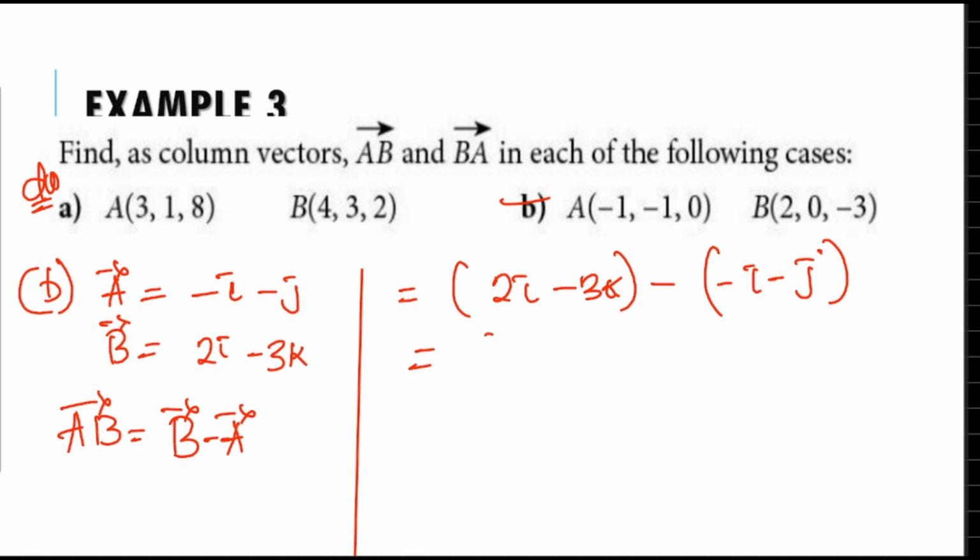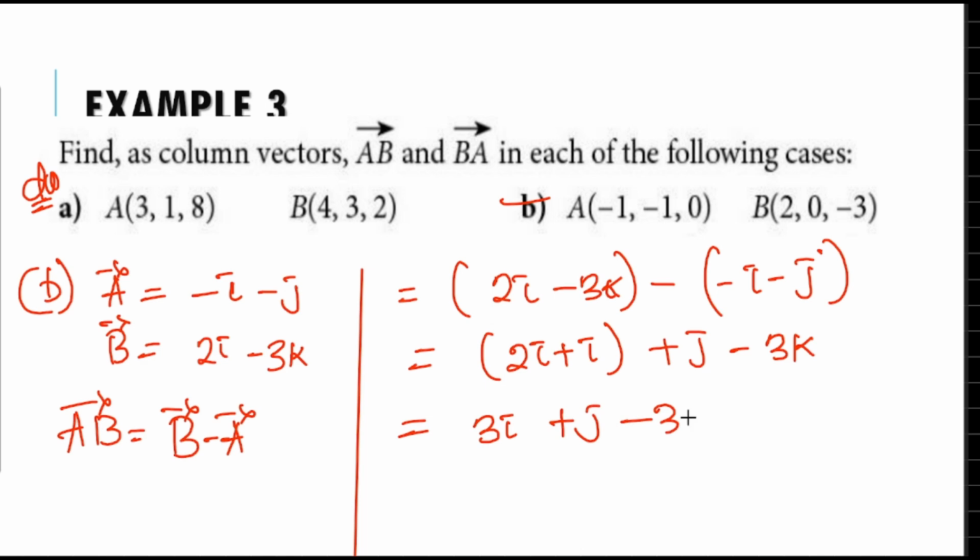So if we do this, this will go to be 2i plus i, plus j, minus times minus is plus, minus 3k. And if we do all together, we will have 3i plus j minus 3k. And that is the final answer.